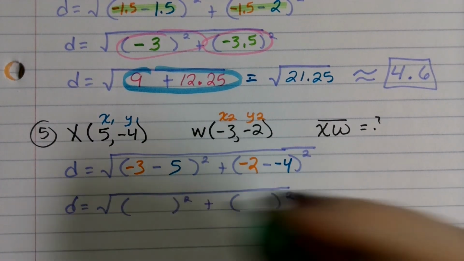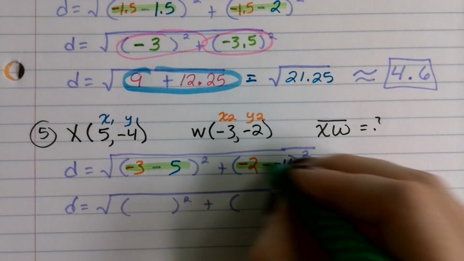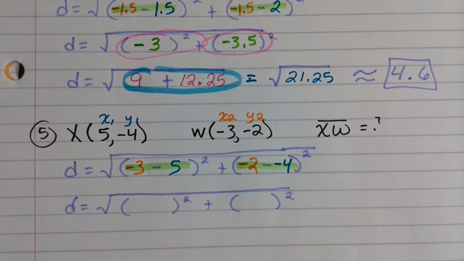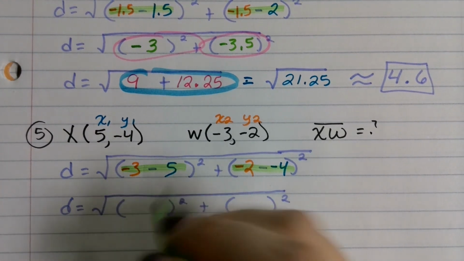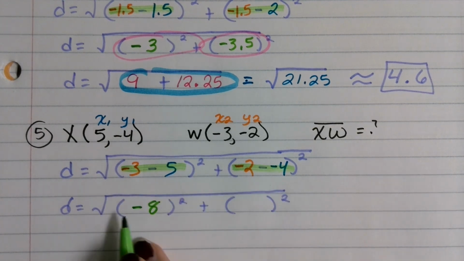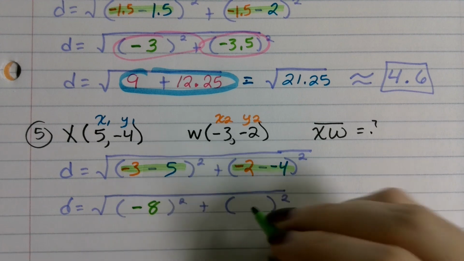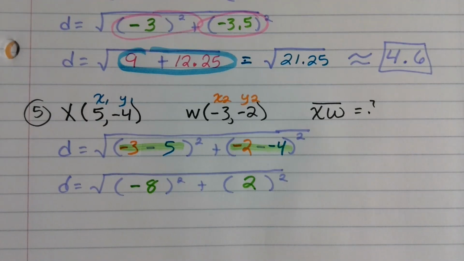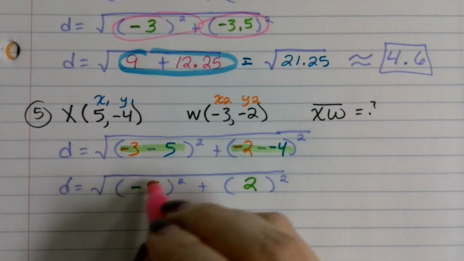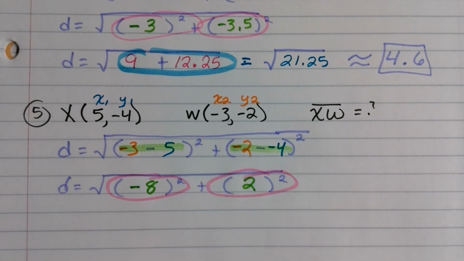Okay, we now need to go ahead and subtract negative 3 minus 5 and negative 2 minus negative 4. Negative 3 minus 5 gives you a negative 8, so you now have negative 8 squared. Negative 2 minus a negative 4 gives you a positive 2, so now you have positive 2 squared. The next thing you do is to square those values.